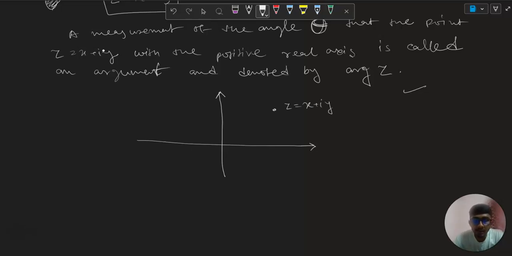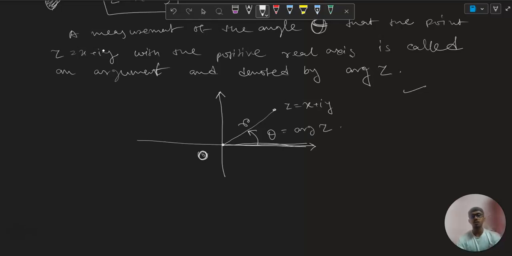The distance r is basically from 0, 0, this point, capital O. So from 0 to this point, the distance is r, and theta, or the argument, is this angle. This is the angle the point z makes with the positive real axis. Theta equals argument of z.